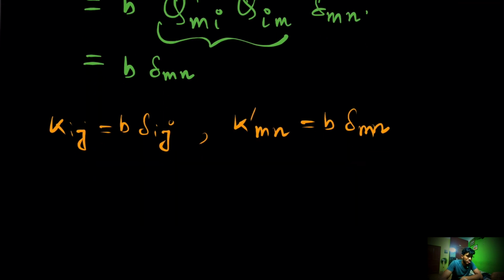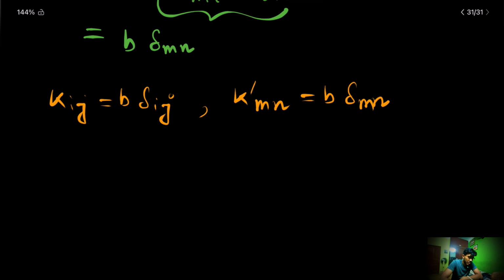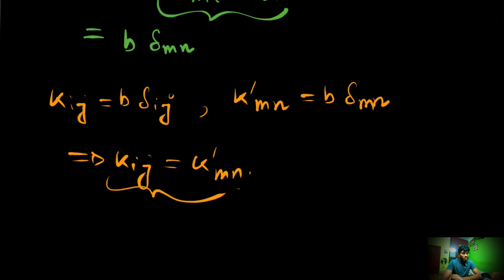It does not matter whether I write delta Ij or delta mn, both are the same. So Kij is equal to K'mn. Now it is proved that only for an isotropic material can I write this K as B into delta Ij, where B is a constant.